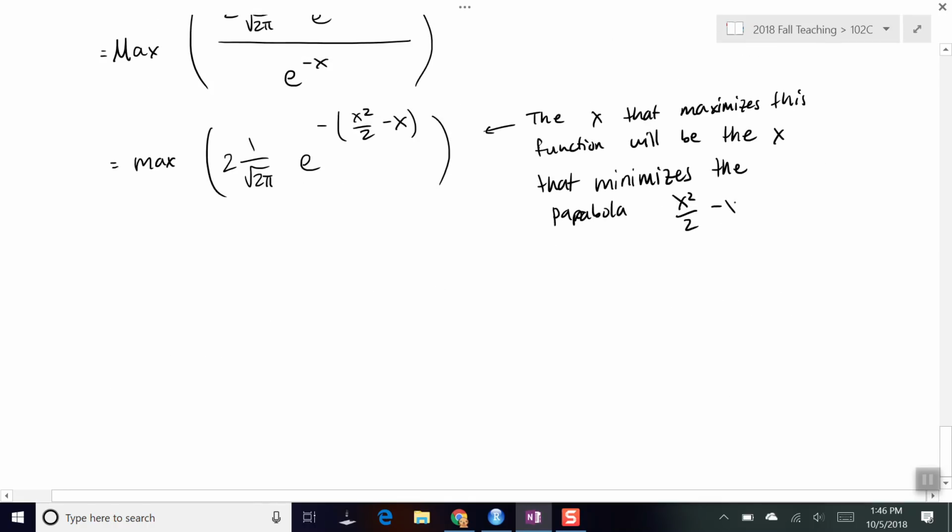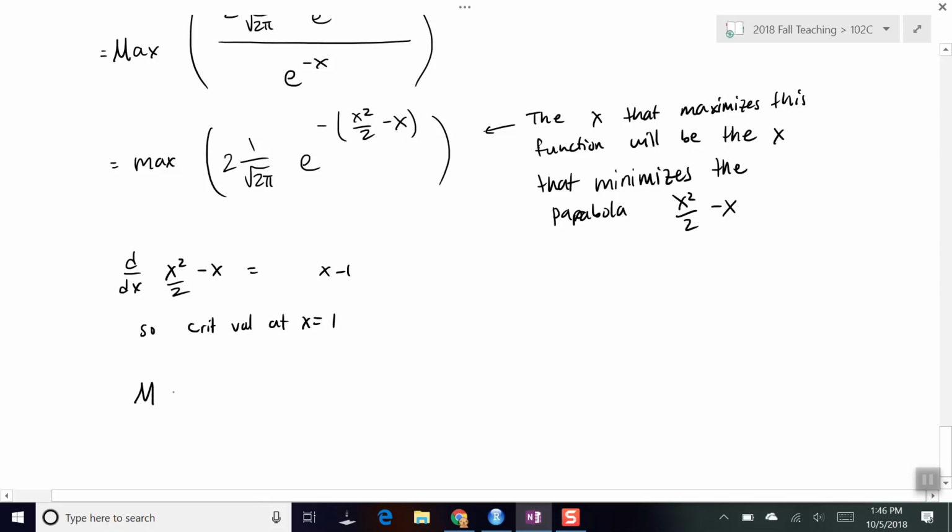If we do d dx of x squared over 2 minus x, we'll have x minus 1. So critical value at x equal to 1, and that'll be the one that minimizes.